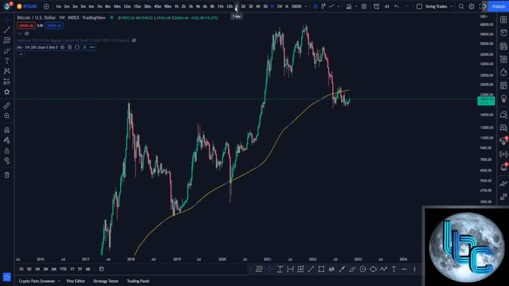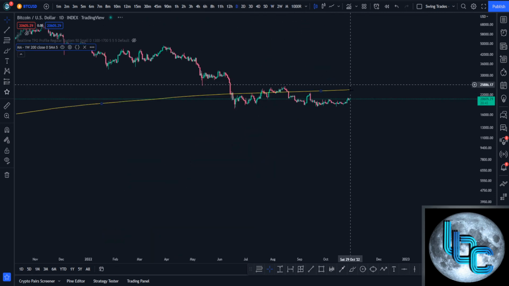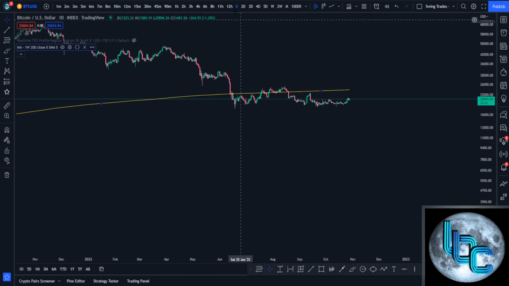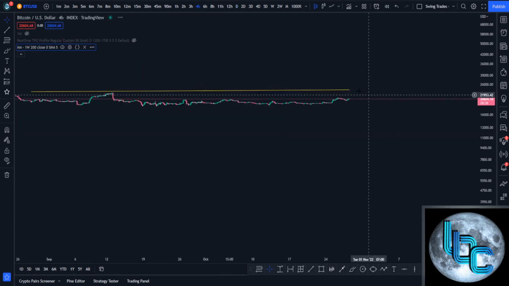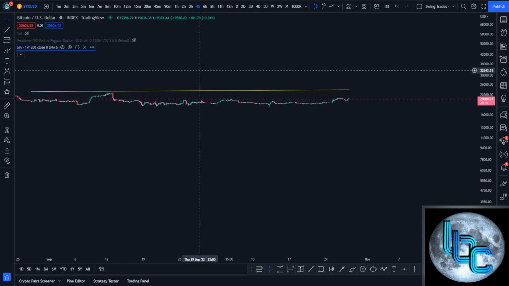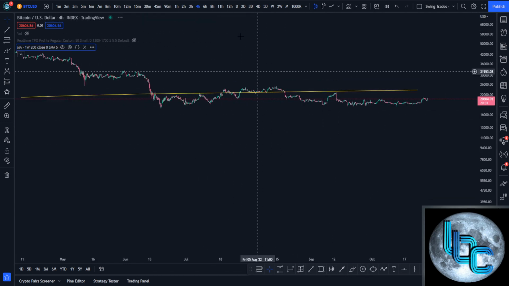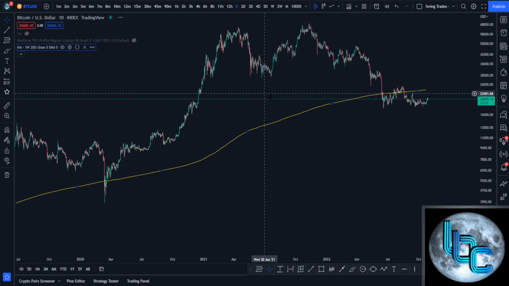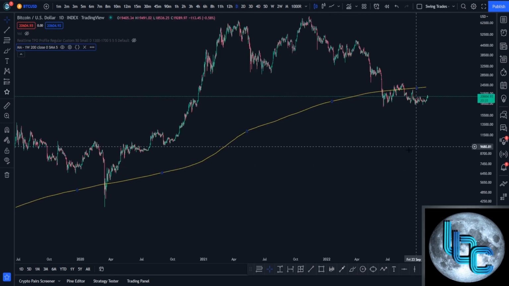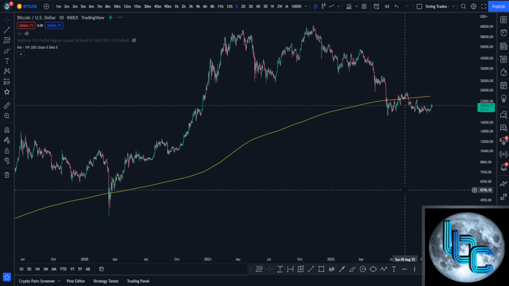Now, no matter what, if we're at, what is this? This is about 23.8. If I go down to the daily, where is it at? 23.8. If I go down to the 4 hour, where is it at? 23.8. It's going to be the same no matter what time frame I'm on, because it is now set to be a 200 weekly moving average regardless the time frame.